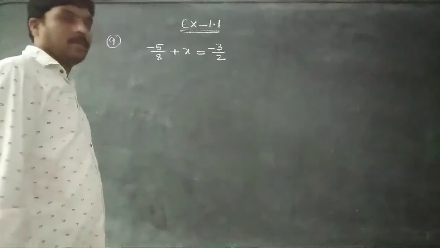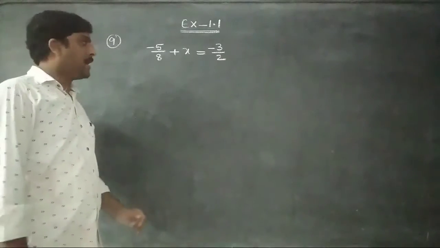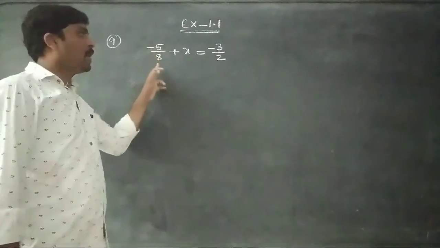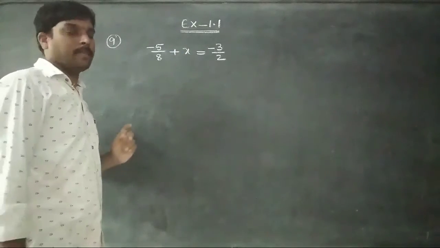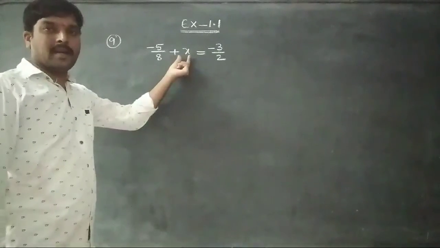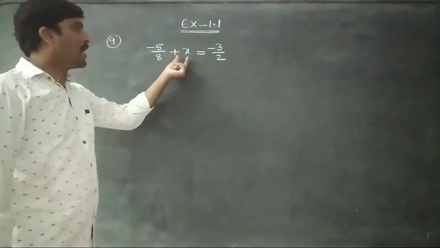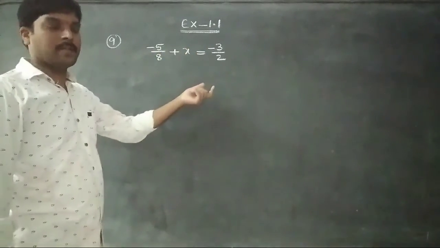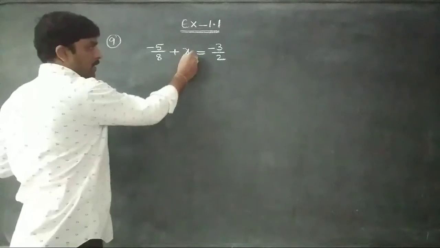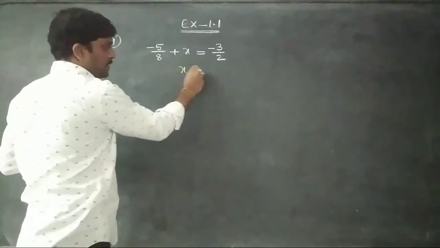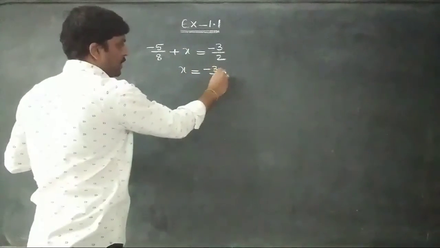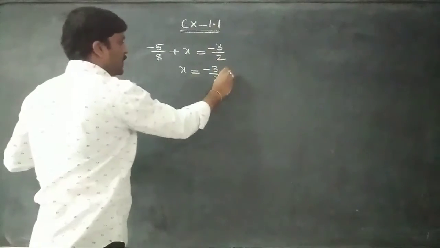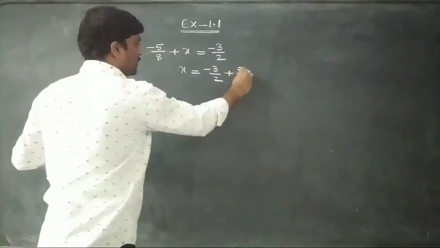Now the ninth question. What number should be added to minus 5 by 8 to get minus 3 by 2? We don't know the number, so let the number be x. Now x is equal to minus 3 by 2, transferring to the right side, plus 5 by 8.